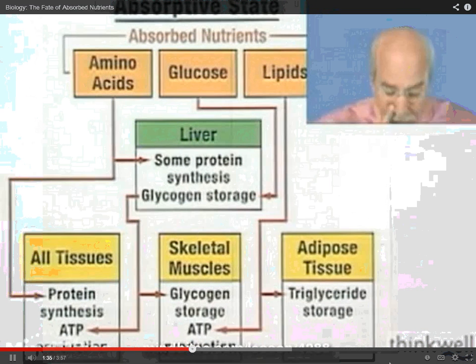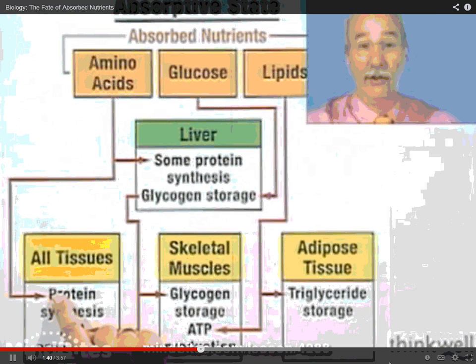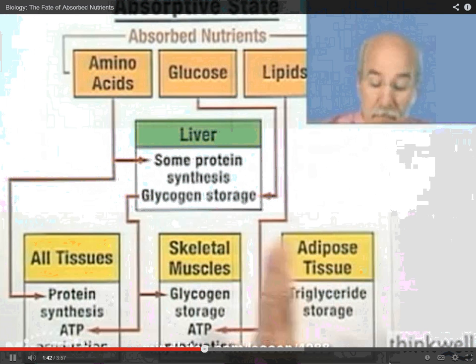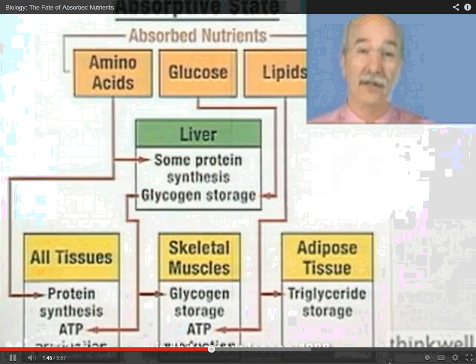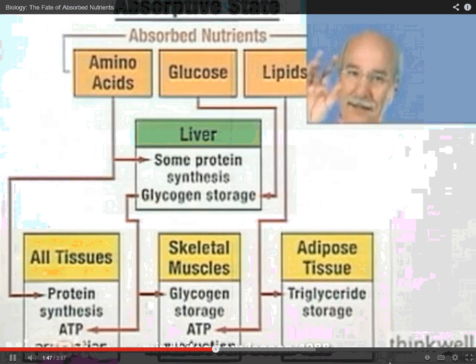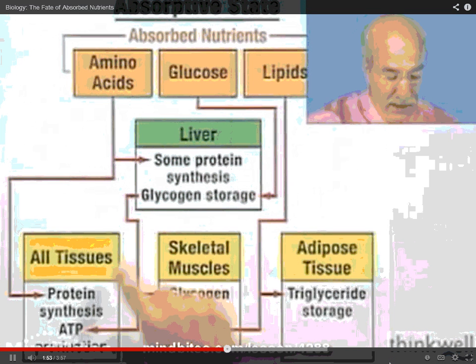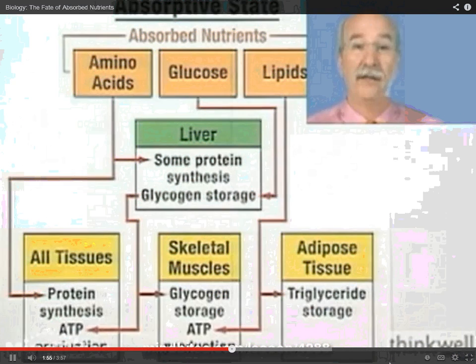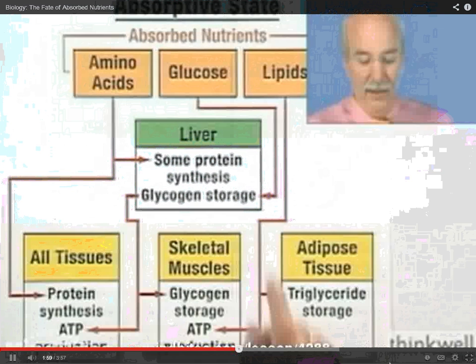Amino acids are the simplest one. They go to all your tissues through your blood, they go to the liver, and protein synthesis happens. You get DNA, RNA makes protein, the amino acids are put together, you get protein synthesis. Amino acids, simple. It gets a little bit more complicated when we get to saccharides.